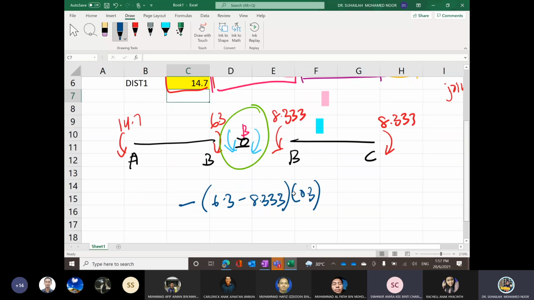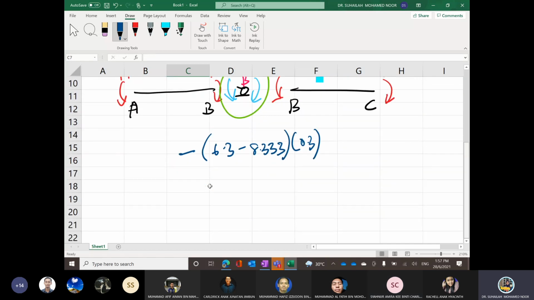Okay, this negative representing opposite condition. This is opposite with the joint moment. The moment direction for joint moment is opposite, so we put negative to represent joint moment, which is opposite with member end moment.